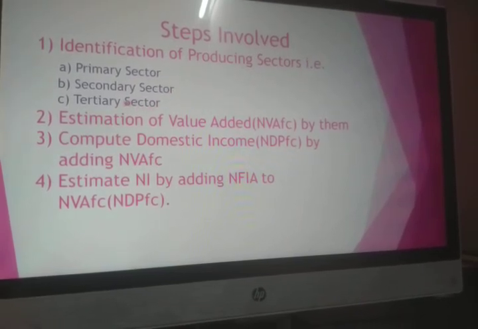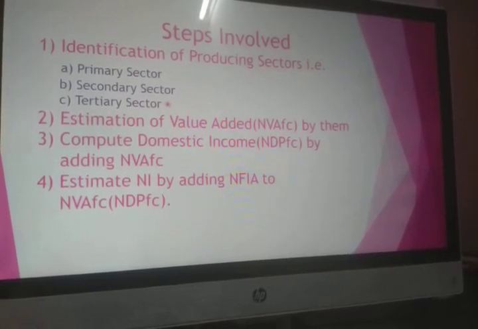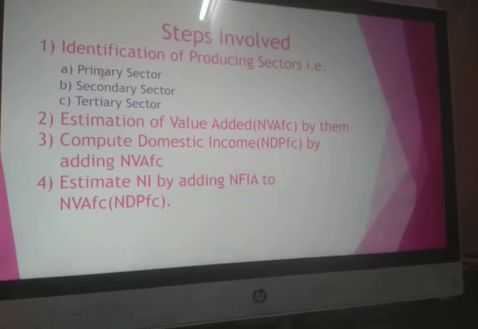First of all, we'll see how much value of output the tertiary sector has produced, and then out of that we'll deduct the intermediate consumption made by this particular sector. Okay, so we add the value addition of all three sectors and we arrive here.